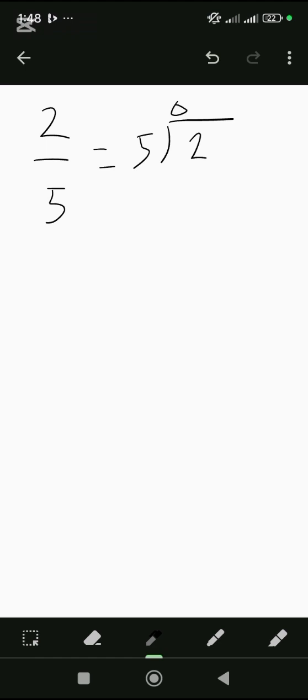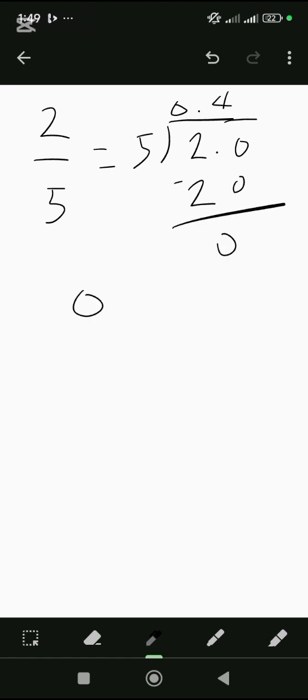We have a 0 here, we have a point here, we have a point here. This allows us to have a 0 here. 5 into 20 will give us 4. We multiply this, we'll have 20. And this will be 0. So we now have 0.4.